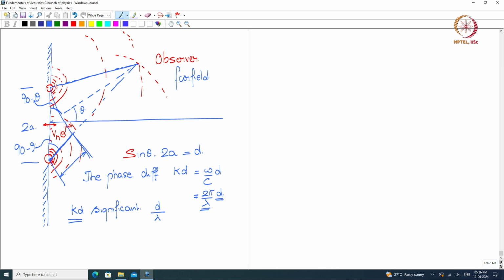The phase difference is not a small quantity. Then 2 pi d by lambda can approach pi, give or take.